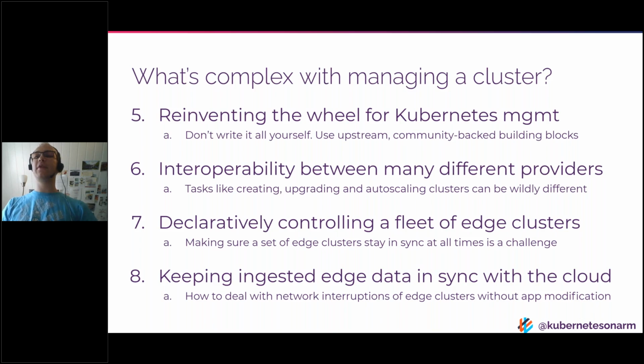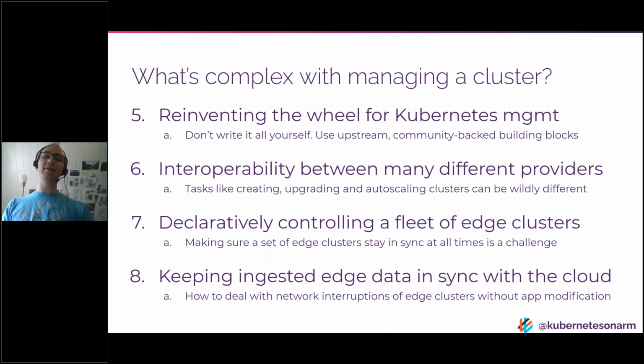Interoperability between many different providers. Tasks like creating, upgrading, and auto-scaling clusters can be wildly different from, say, AWS to GCP to Packet to your edge on-prem nodes. These are completely different ways of managing this thing, and how can you get some consistency here?